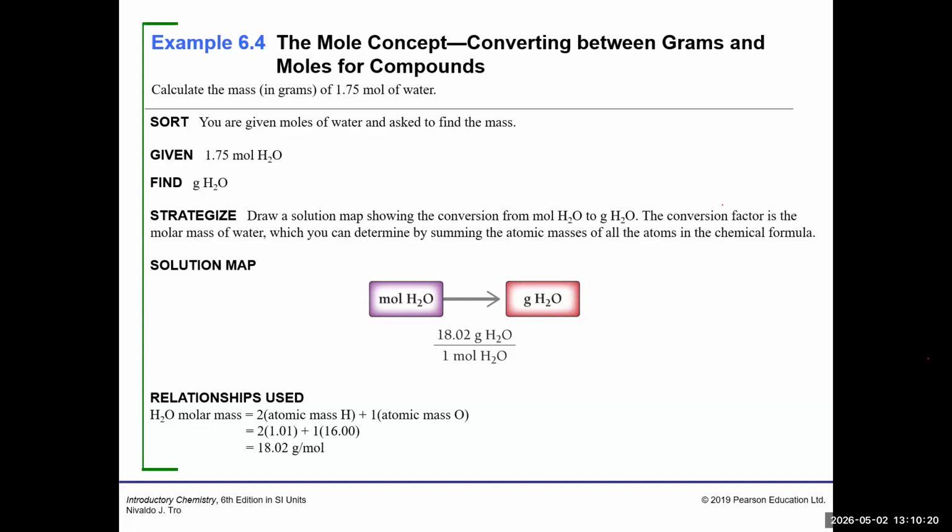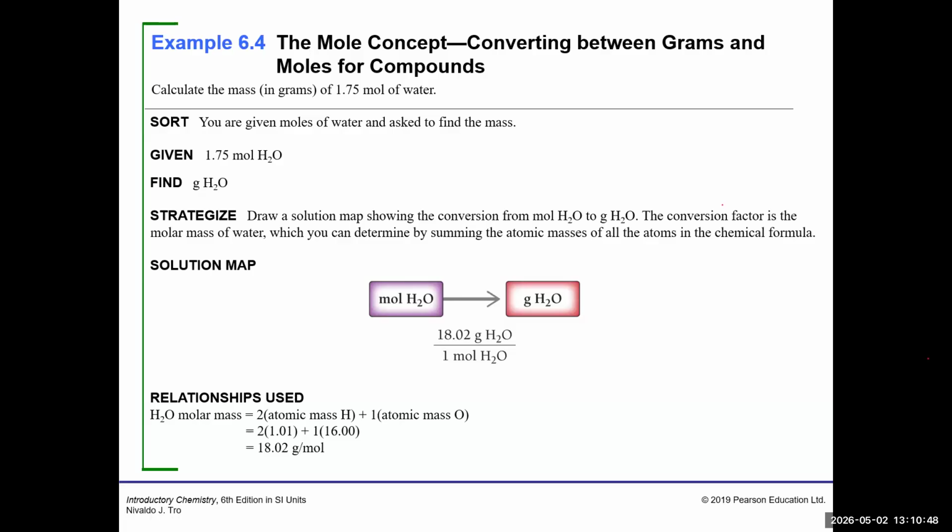So now we need the molar mass of water. You go to the periodic table and you see H2O. So 18.02 grams of water is 1 mole of water. How do we get 18.02 grams? You say 2 atoms of hydrogen and 1 atom of oxygen.